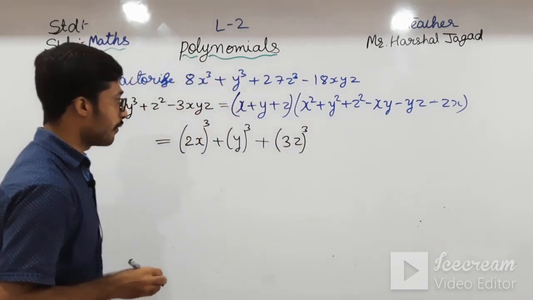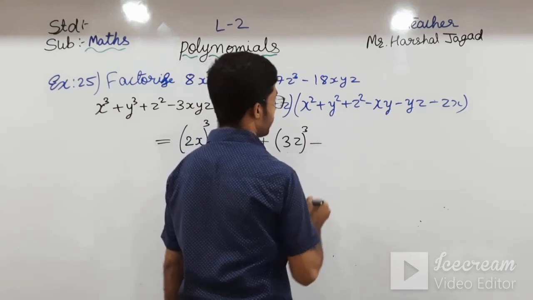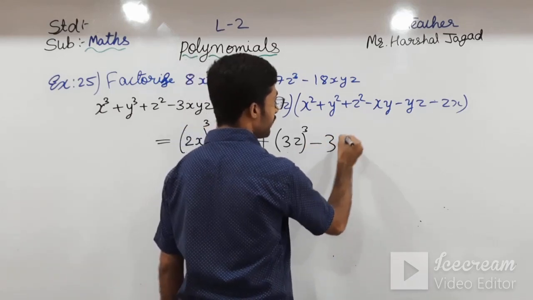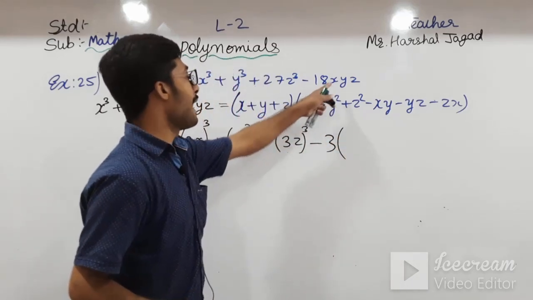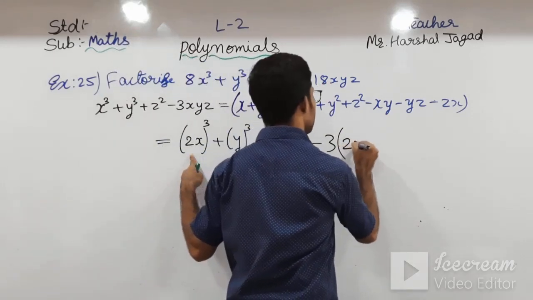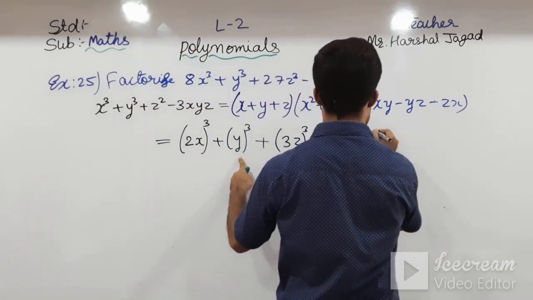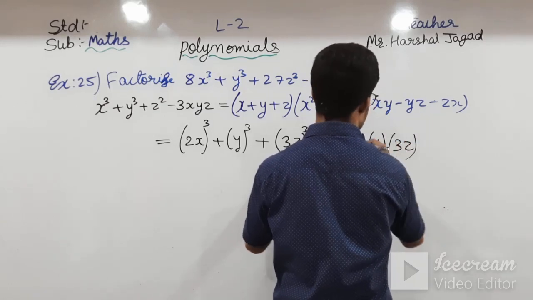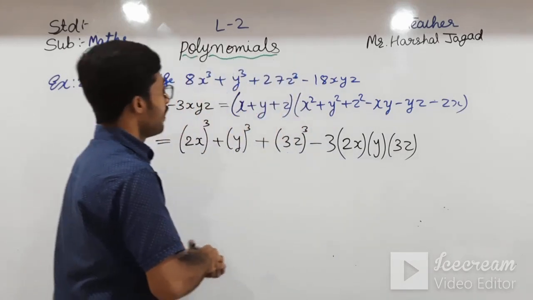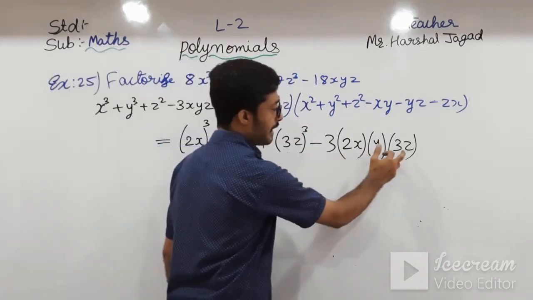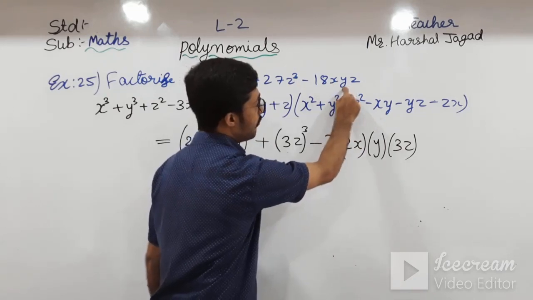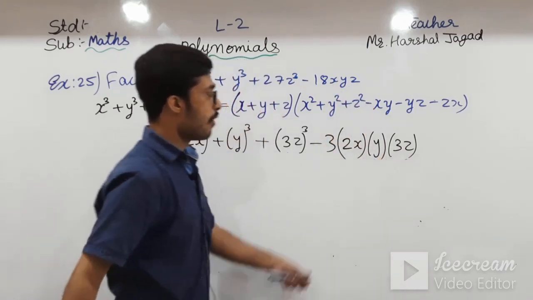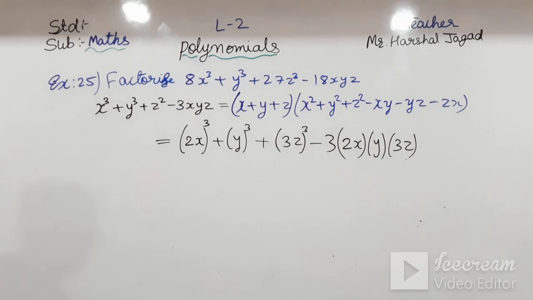Okay students, now what is there? Minus 3, x is 2x, y is y, z is 3z. Okay students, from this we get 3 3s are 9, 9 2s are 18, xyz. Okay, now what will we do students? Do it further by yourself.